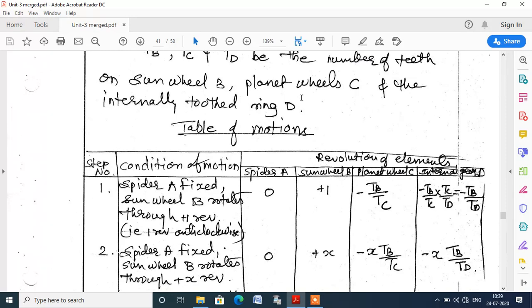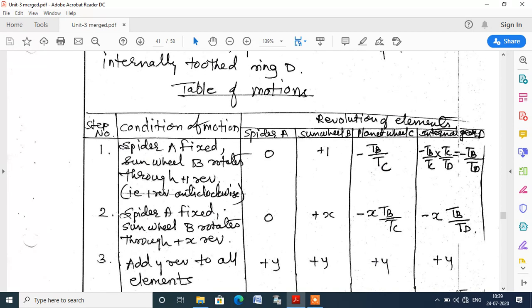In the figure, spider A, that is nothing but the arm. Then the sun wheel, because power is given to the sun wheel. Then C is meshing with D, so it is an internal gear D. I will draw on the table. Right. Do it fast.